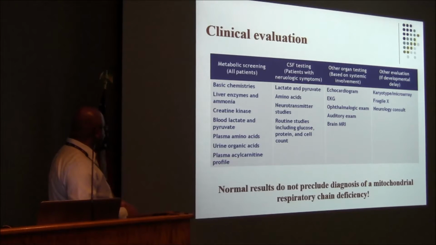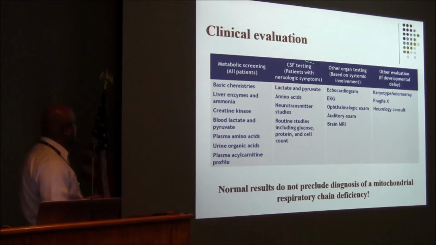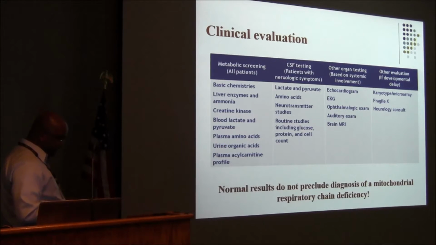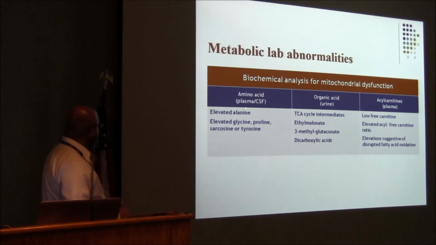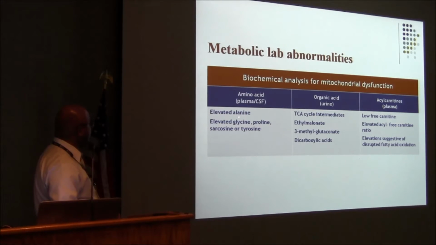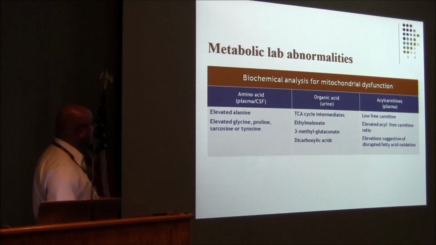So there are a few clues that we get from some of these tests. From amino acids, if you see an elevated alanine, glycine, proline, it clues you that there might be a mitochondrial disorder involved.